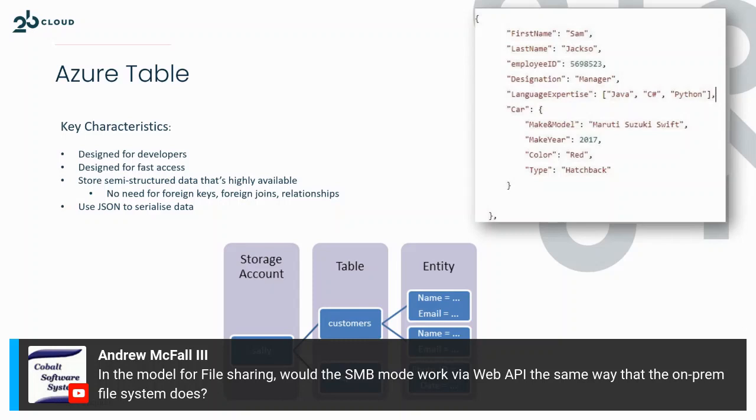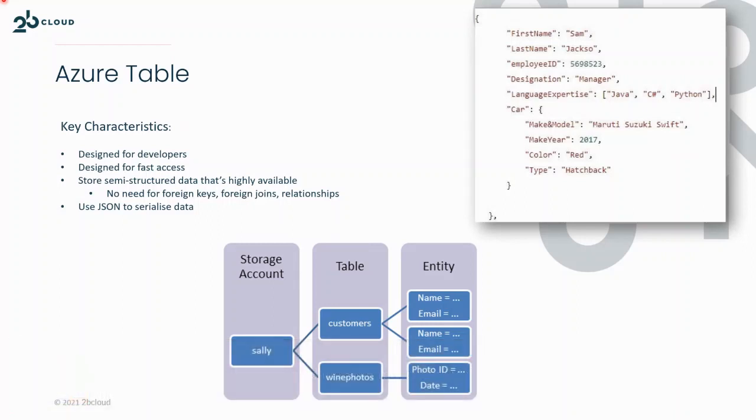In the model for file sharing, would the SMB mode work via web API the same way that the on-prem file system does? Yeah, it has completely the same capabilities and even better. I specifically haven't done this, but yes, the answer is completely yes.